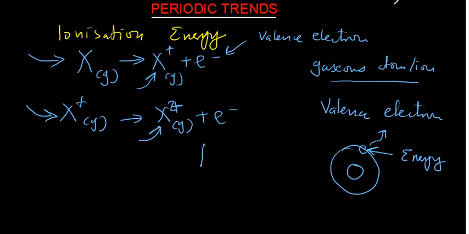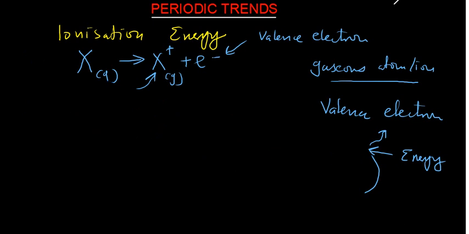Now if you look at your periodic table, ionization energy increases going like that. Let me just write it properly and we see the reasons as to why it is like that.